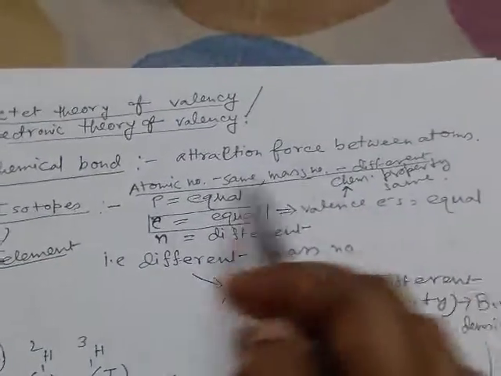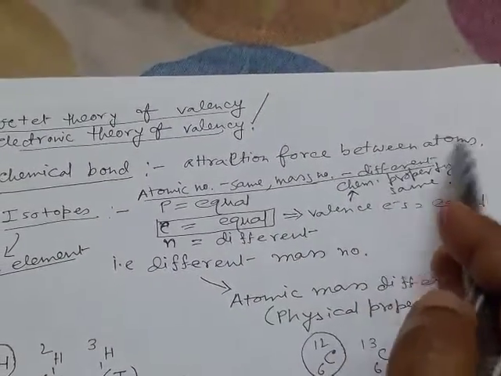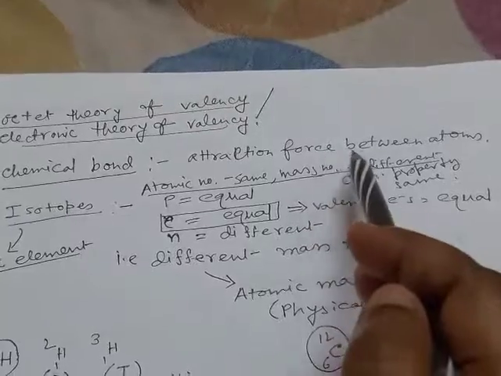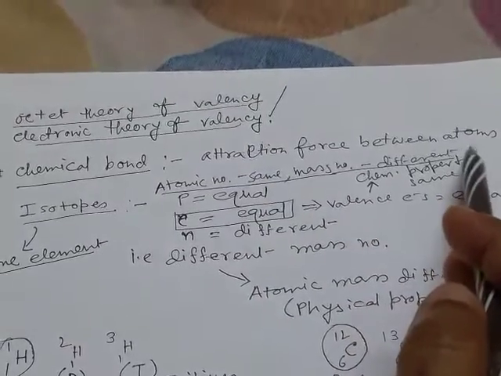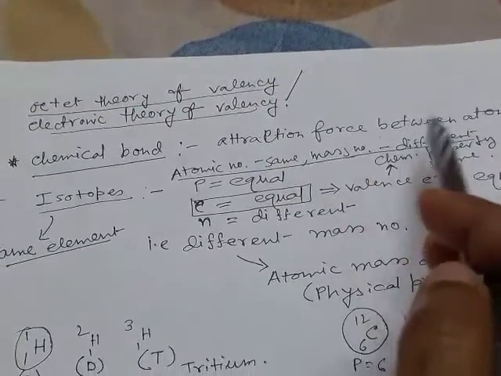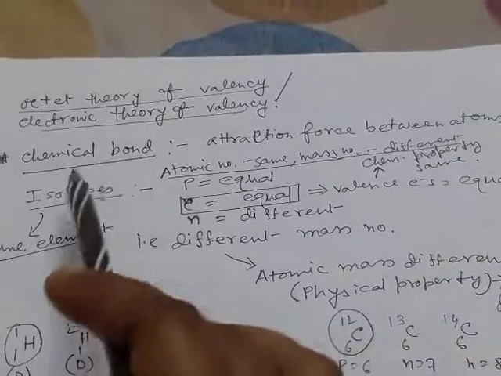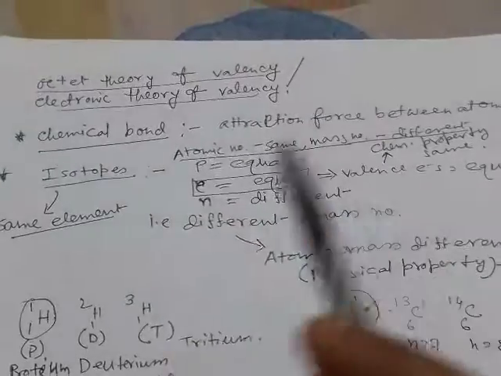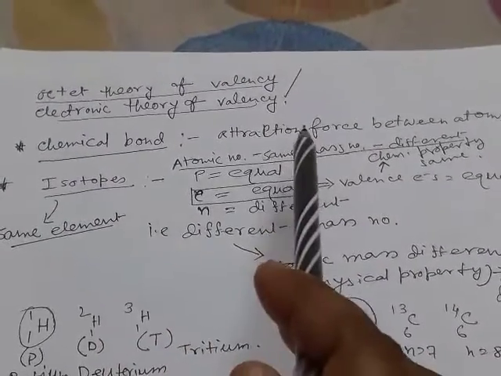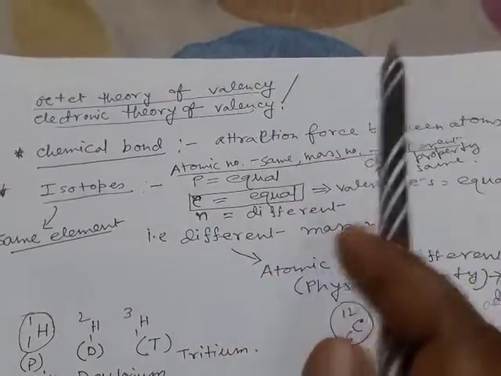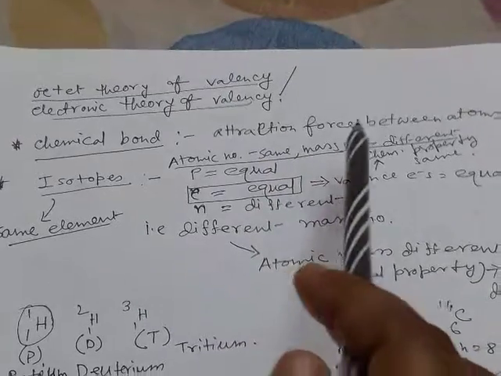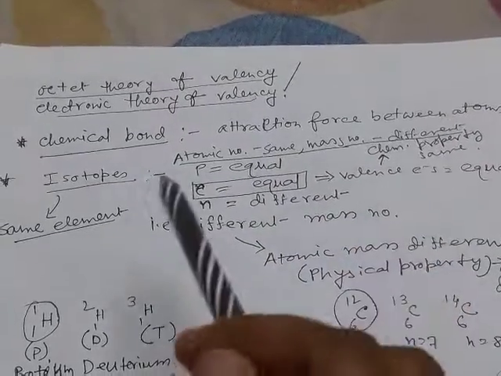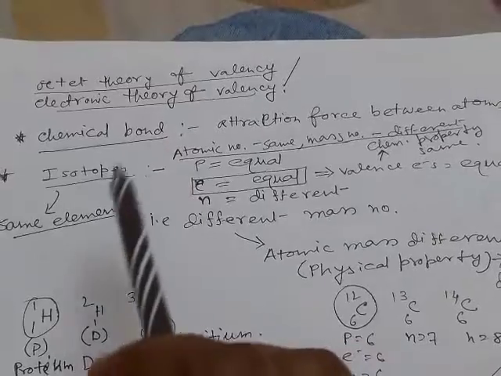Now the chemical bond: the attraction force between atoms which binds the atoms together is called a chemical bond. For example, in sodium chloride formation, the attraction force between the sodium ion and the chloride ion is the chemical bond in the sodium chloride molecule.